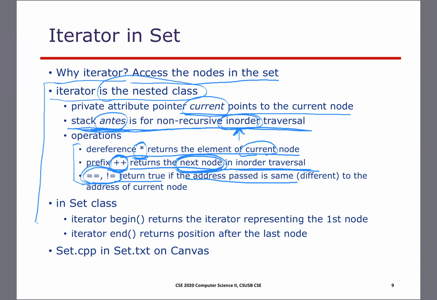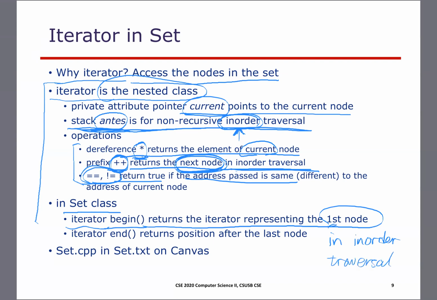And then in the set class template, we add 2 public member functions. Begin, its return type is iterator. It returns the iterator representing the first node in the in-order traversal sequence. This is important.